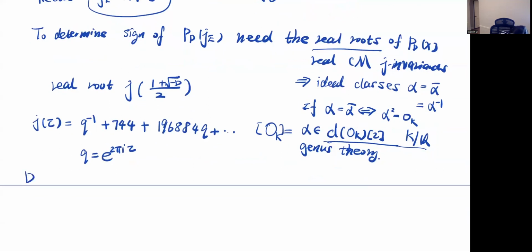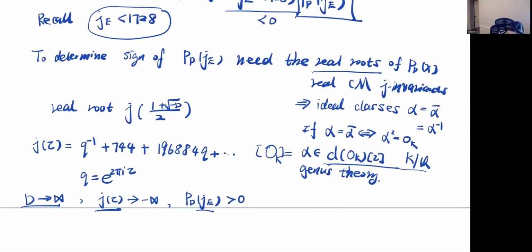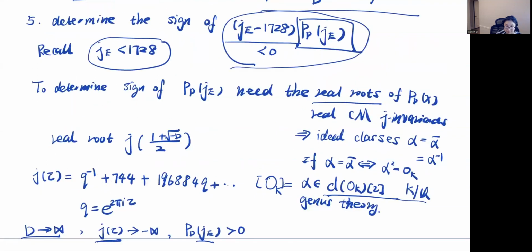So as D gets sufficiently large, J of tau approaches minus infinity. As long as D is sufficiently large, our JE will be greater than J of tau. So PD of JE will be positive and the product will be negative.